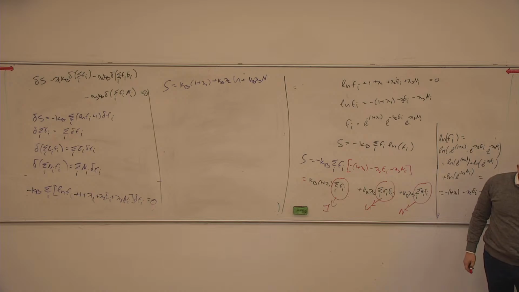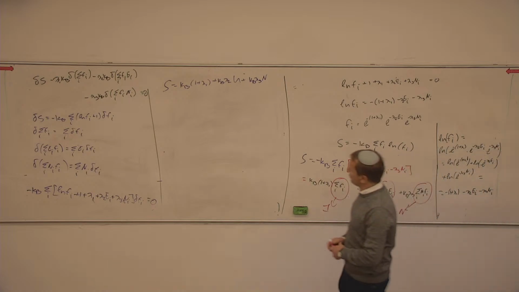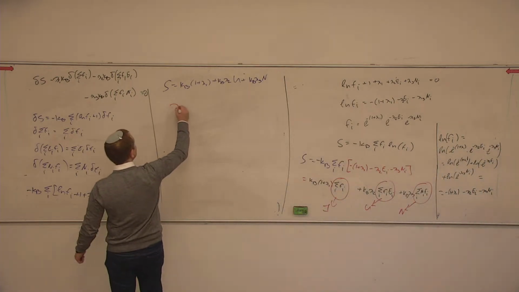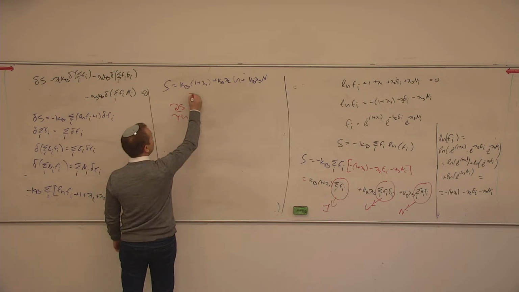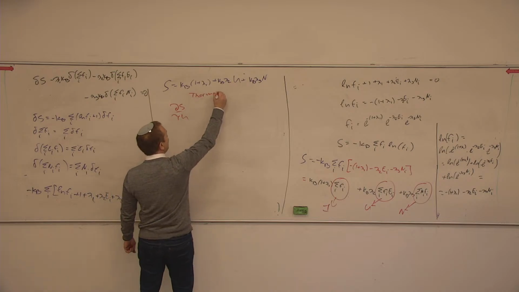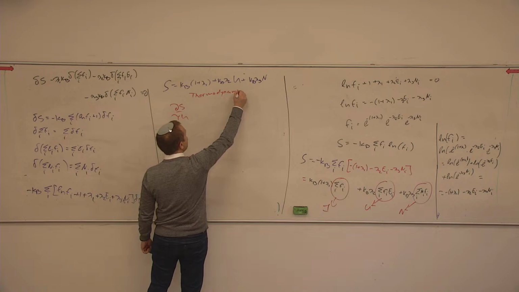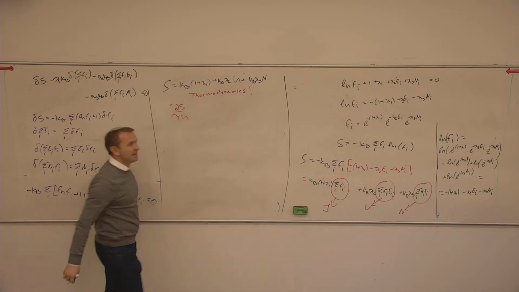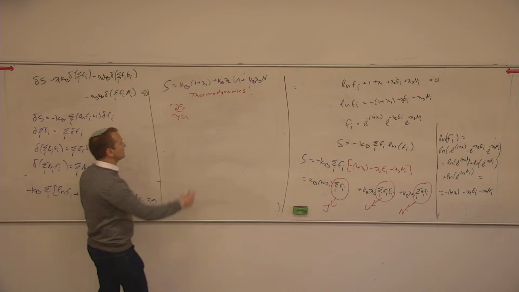What are our tricks? We know the following thing. dS/dU, we use thermodynamics. What is dS/dU? 1 over T.